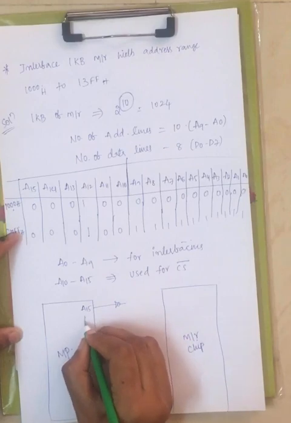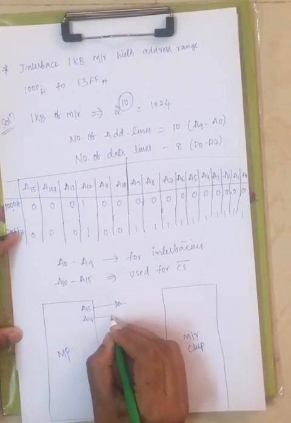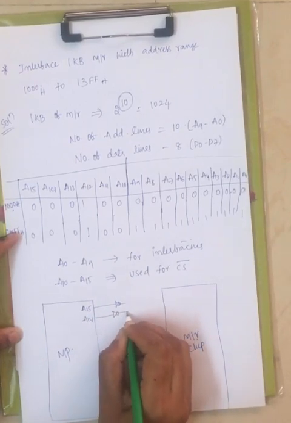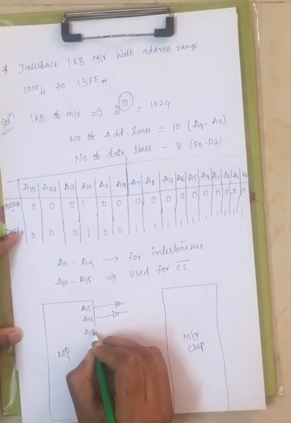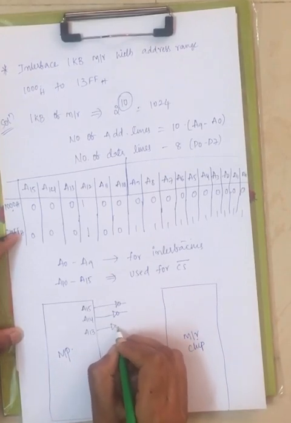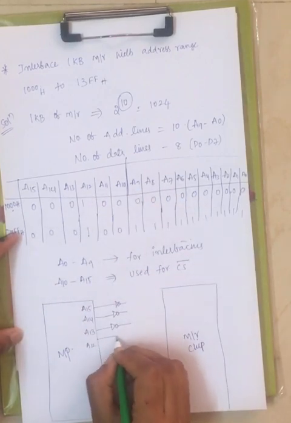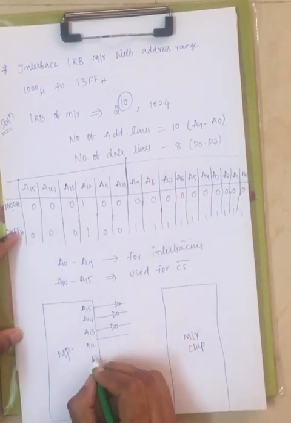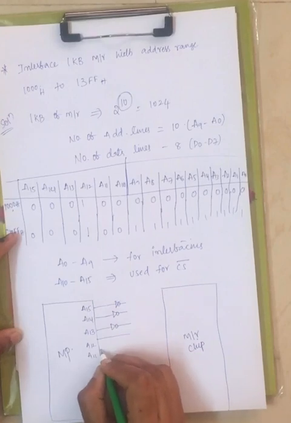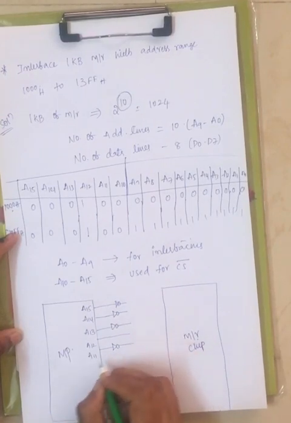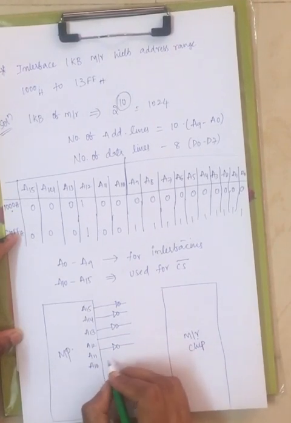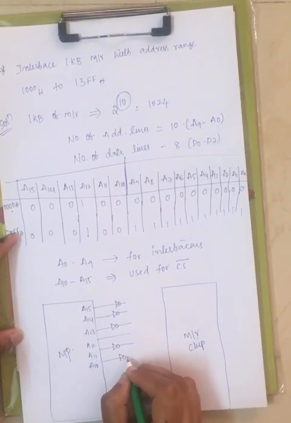A14 is also logic 0, also inverted. A13 is also logic 0, also inverted. Now A12 is 1, a direct connection, and A11 is logic 0, also inverted. Now A10 is also logic 0, also inverted.